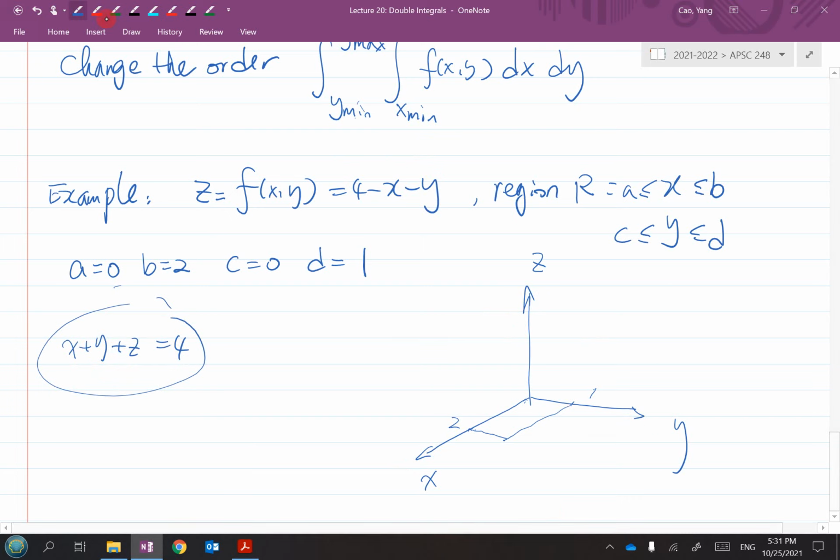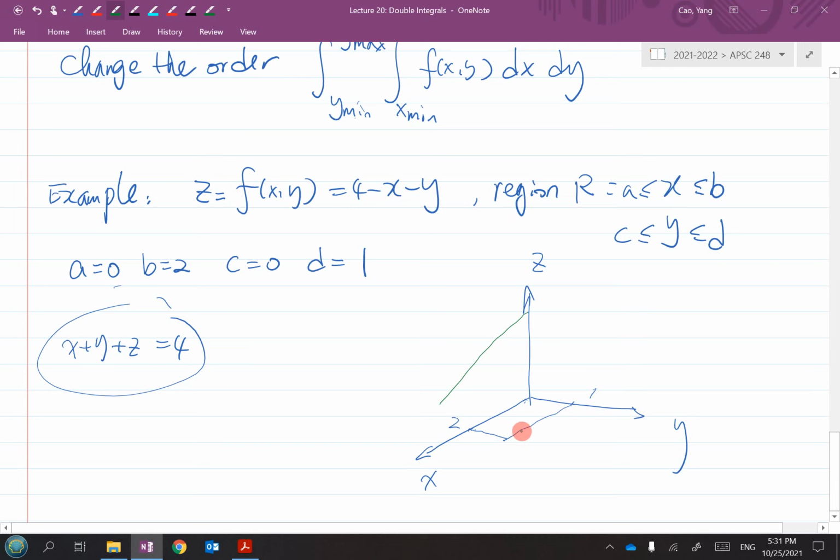But in this case, the plane will more or less look like this. Remember, you're only looking for the integration within the region R here. So you do have a plane on top of the region R, but the plane is infinitely big. Any area of the plane that's beyond the region R is really not part of this integration problem.